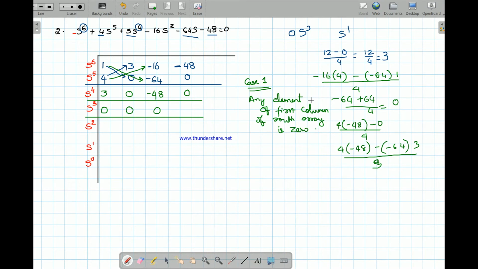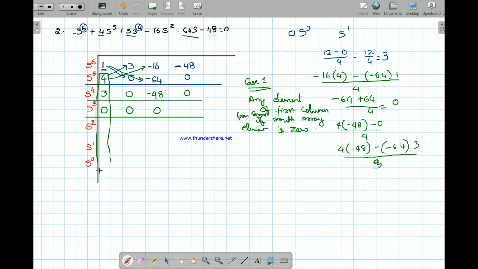Any element of the first column, from the second element. We don't worry about this first element being 0, but from the second element of the first column, which is 4, 3, 0, from here it will start. From here to here no element should become 0.